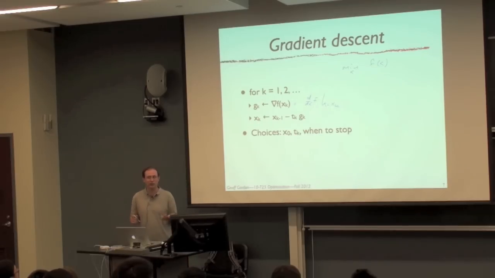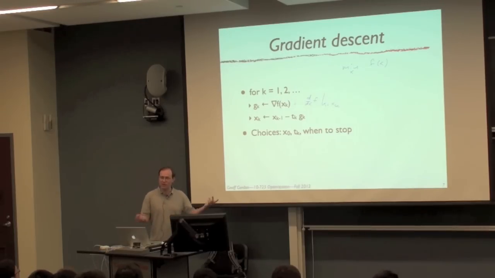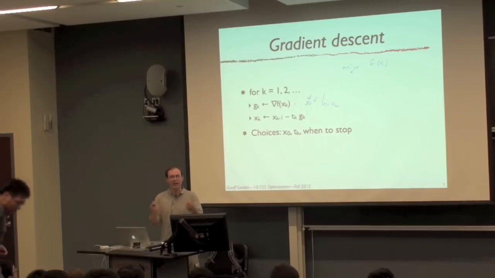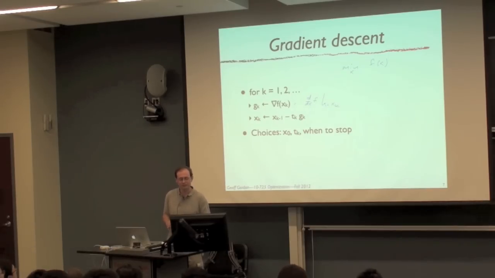So we could have tk be the same over all iterations k. We could have it be decreasing slowly. We have a choice about what rate is decreasing, what the initial value is, that sort of thing. And then finally, maybe a less obvious choice, we have to choose when to stop, right? We have to choose when we say, okay, we're good enough. We can come back to the user and say, here's your near optimal solution.